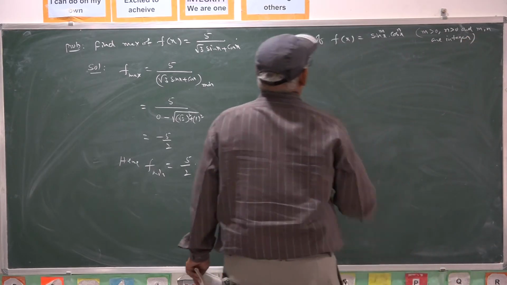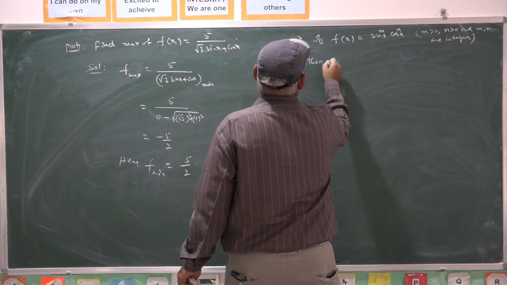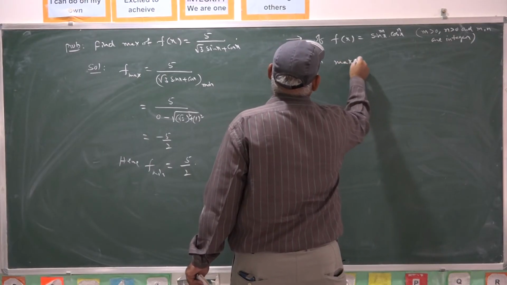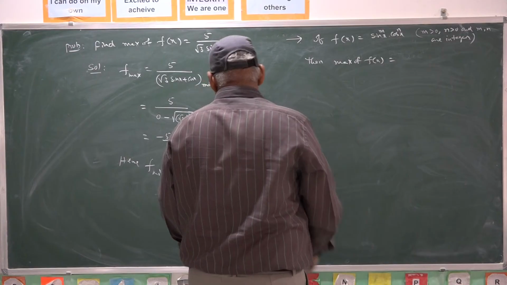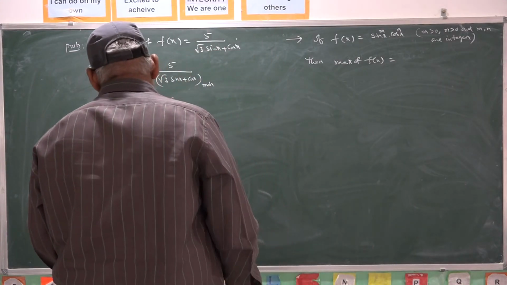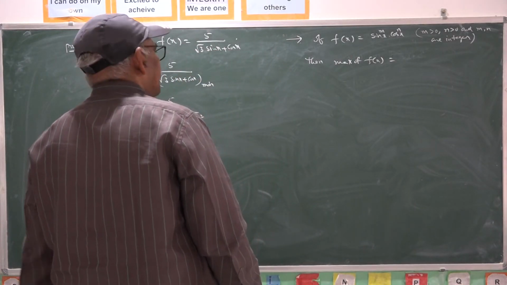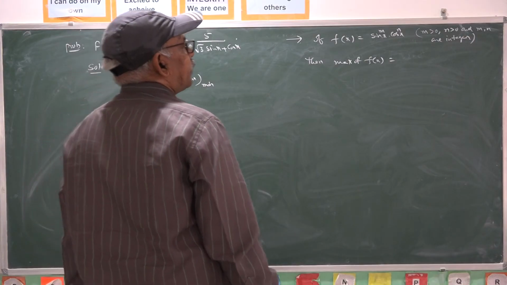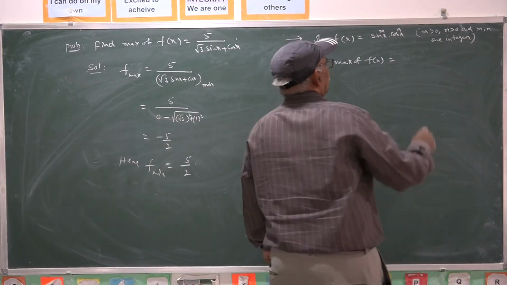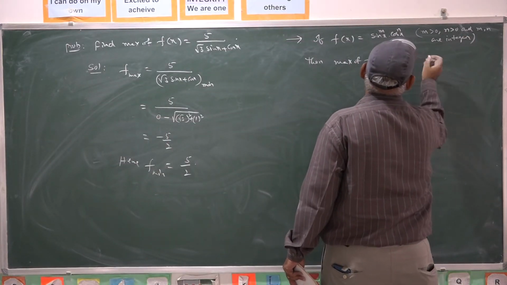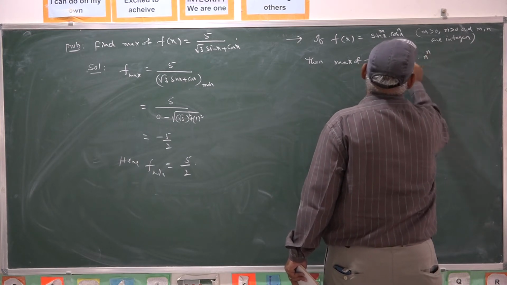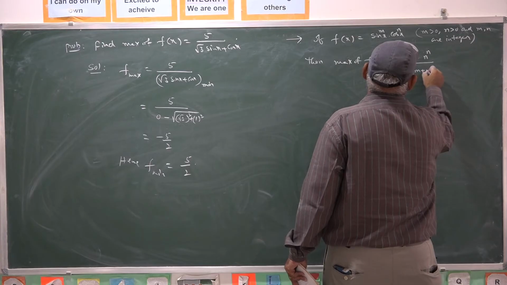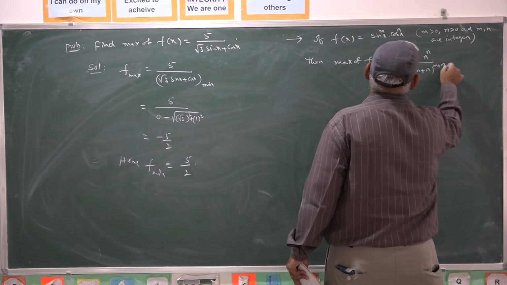Then the maximum value of f(x) is given by, this is also one important formula, m power m into n power n by (m plus n) whole power m plus n, under root.